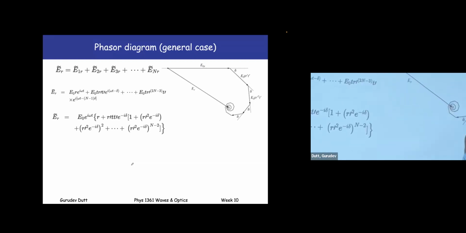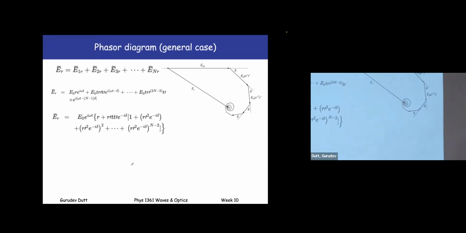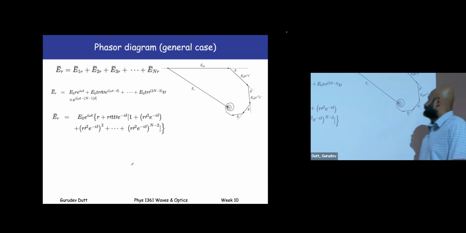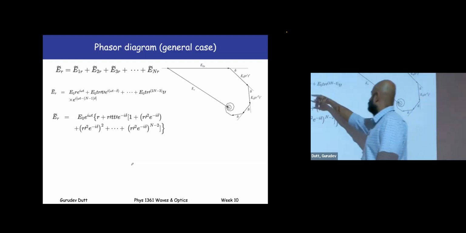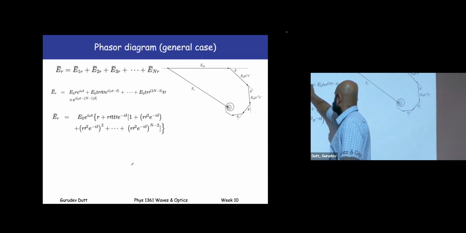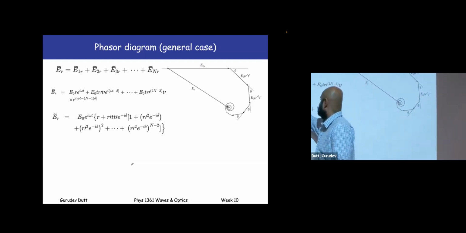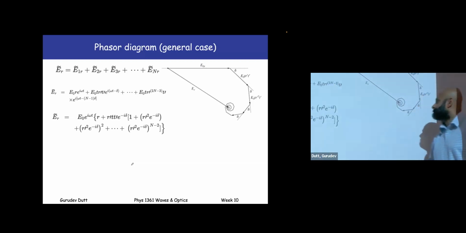Just count up the number of phasors, and it's 2n minus 3 for that R prime factor. And the TT prime is common to all of them. Then for each additional one, you get e to the I omega t minus 2 delta, and this one will be e to the I omega t minus n minus 1 delta.